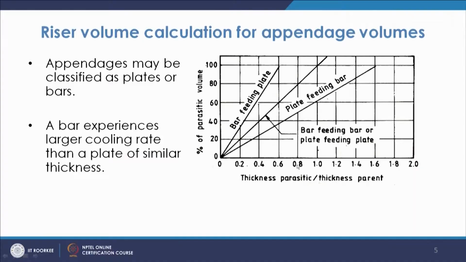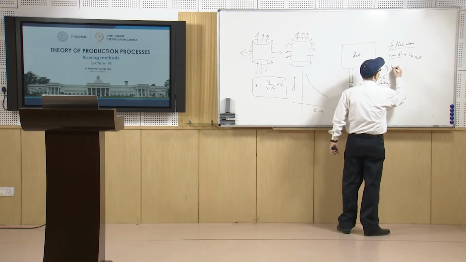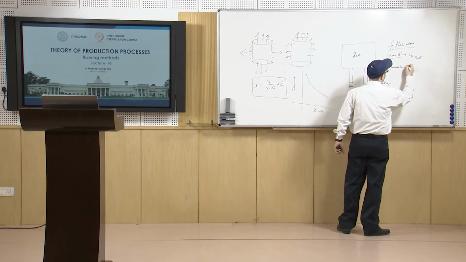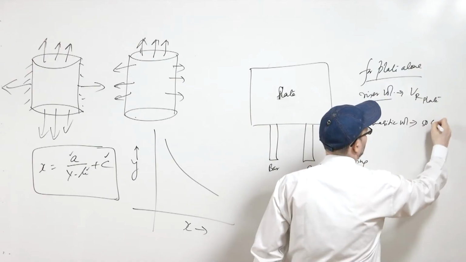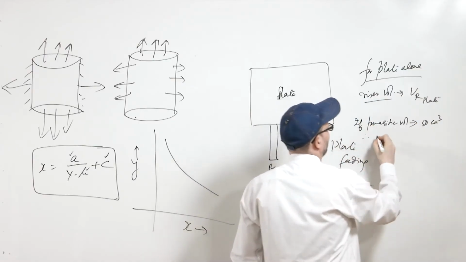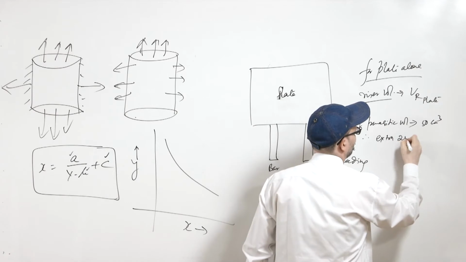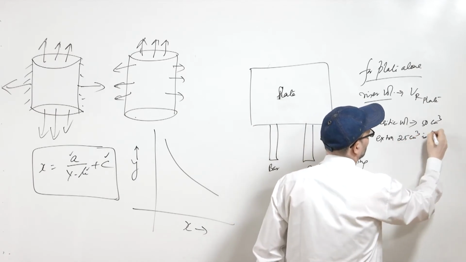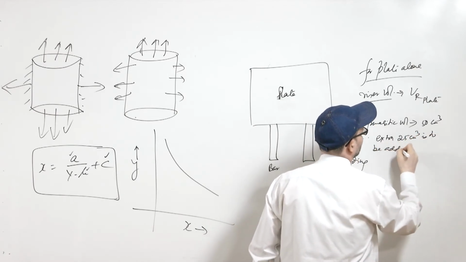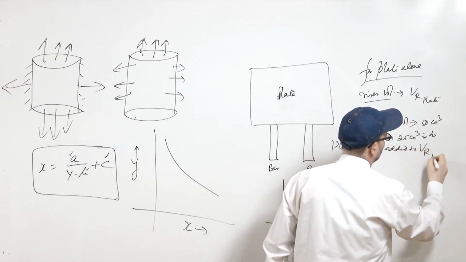Suppose the thickness ratio is 0.8. Then for 0.8 you will see this point, and 50% will be the percentage of parasitic volume. So if the parasitic volume is, suppose, 50 centimeter cube, then an extra 25 centimeter cube is to be added to VR plate.